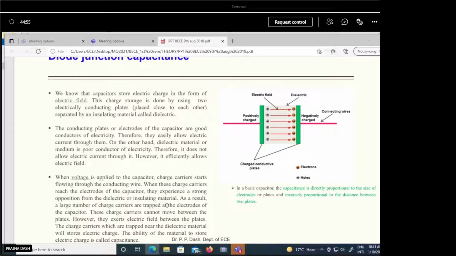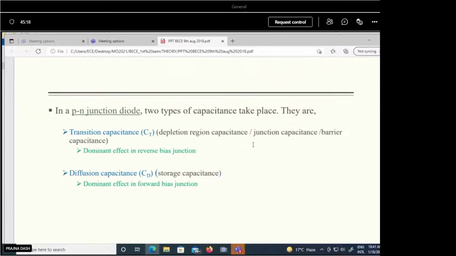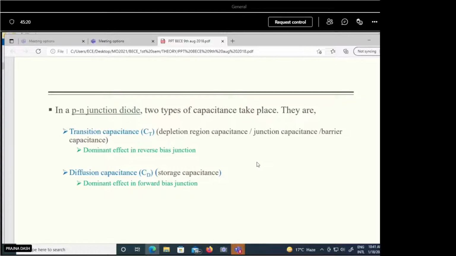That is the basic concept of a capacitor. In the case of a diode, the capacitor is not physically present, but the capacitive effect is there. How this effect can be studied, you just go through the slide. We will discuss it in the next class.